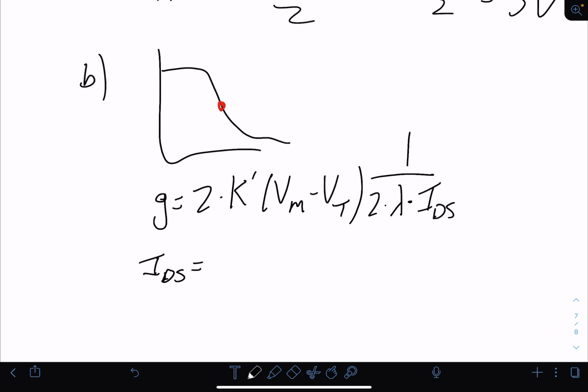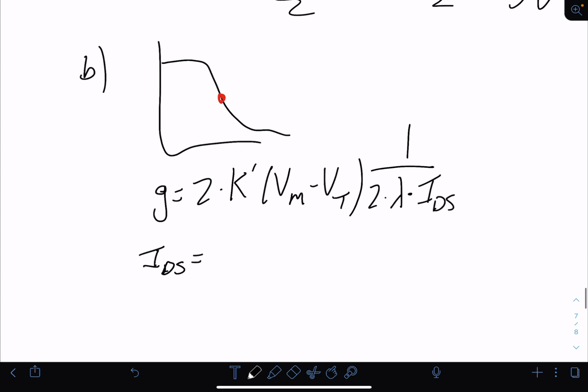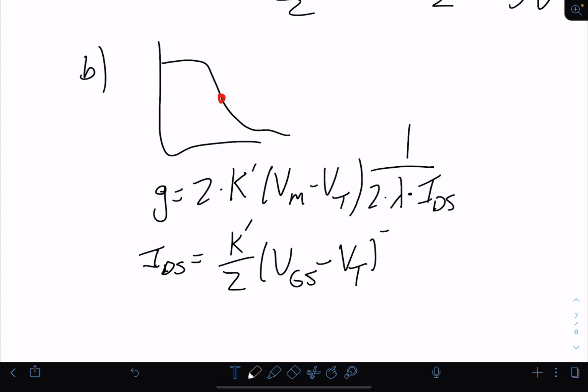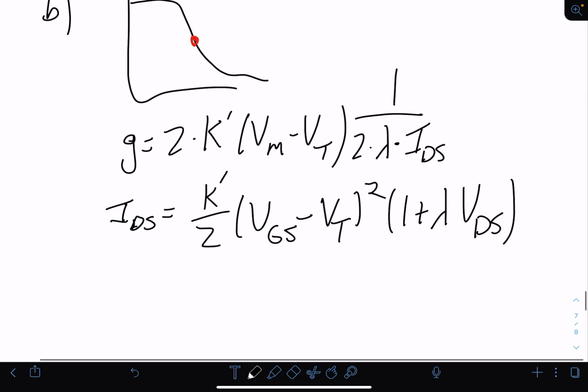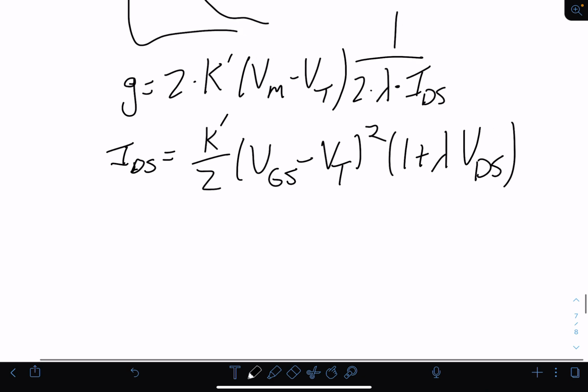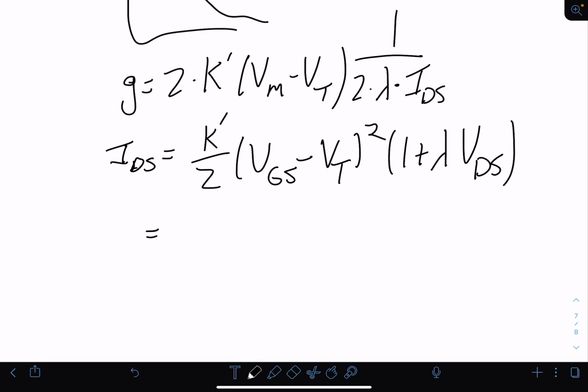Because IDS is in the saturation region, we're going to use the equation IDS equals K prime over 2 times VGS minus VT squared times 1 plus lambda VDS, where lambda is the channel width modulation term. Great, and we have all the values for this equation, so we can just plug that in.